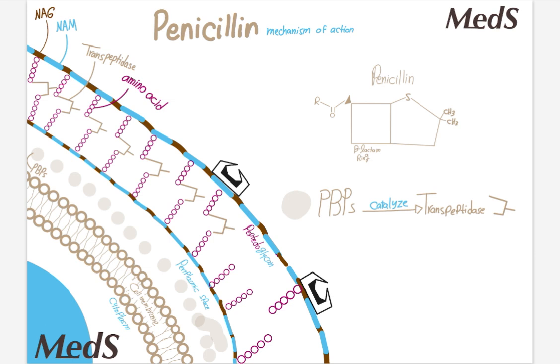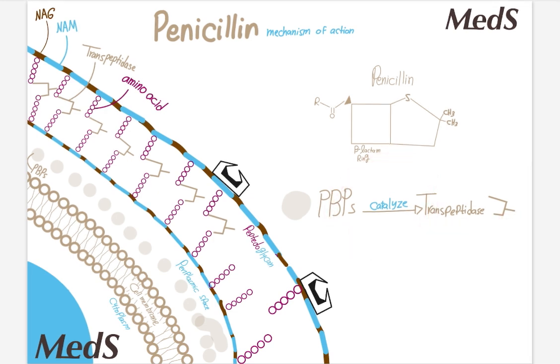This protein is located here, in the periplasmic space. This space is located between the cell wall of the bacteria and the cell membrane of the bacteria. This protein is responsible for catalyzing the transpeptidation. All the things we have discussed are in the normal state of bacterial cell wall synthesis.